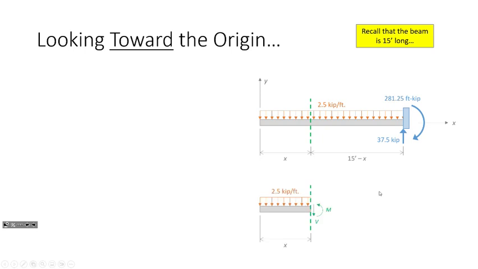So I break out my samurai sword or lightsaber, cut, look to the left. Here's what I get. There's the cut, V, M in their positive directions, 2.5 kips per foot going down. Let's sum moments at the cut. So we sum moments. Draw ourselves our little table. Moments going this way, moments going that way. I've got the moment function going this way.